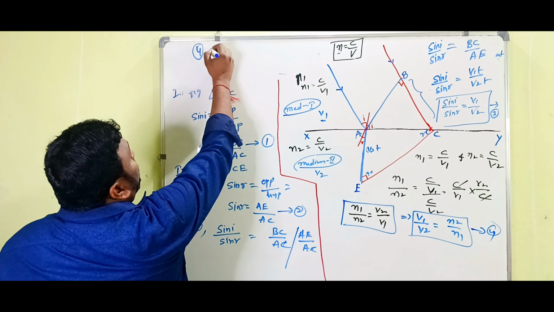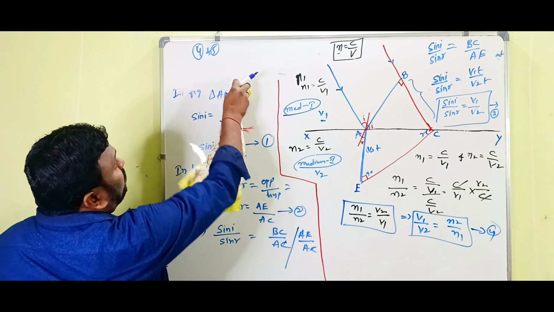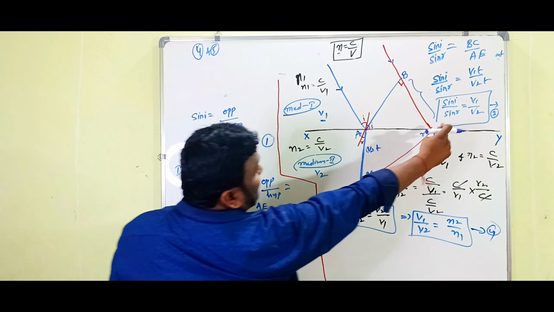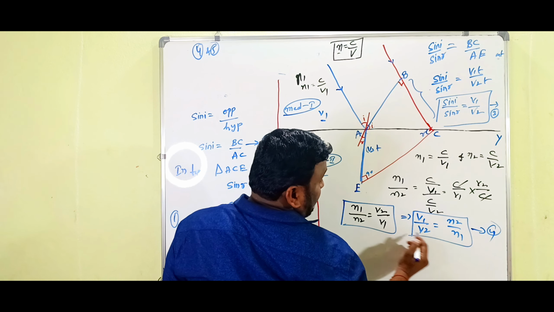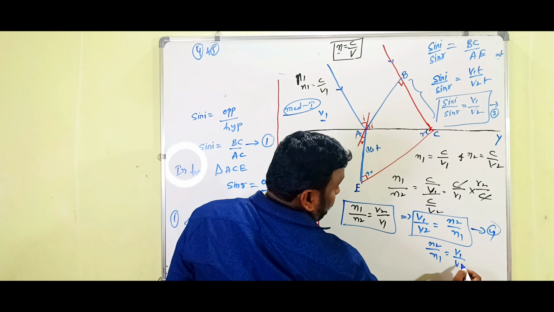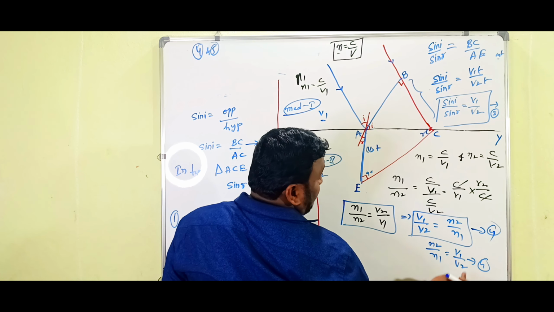From 4 and 5 we have to write. So what you have to write, children? LHS, LHS, RHS, RHS. Here n2 by n1 is equal to v1 by v2. This is equation number 4. v1 by v2, v1 by v2. RHS are equal.